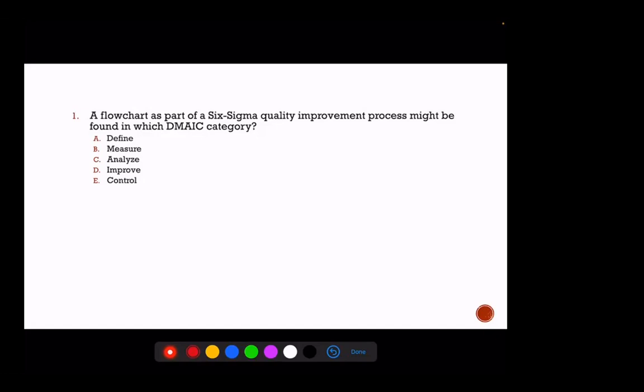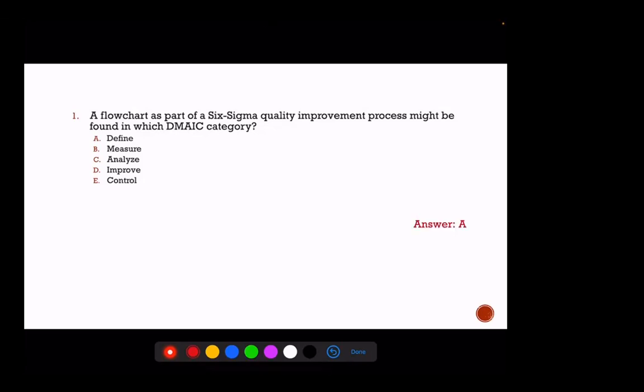I'm sorry, Matthew, not C. Okay, Stacy, you got the answer. A, define, because we use a flow chart to take a look at what kinds of problems we may have, what kinds of status for this process. So this is what we call the define. So we want to define. So this is in the define category.